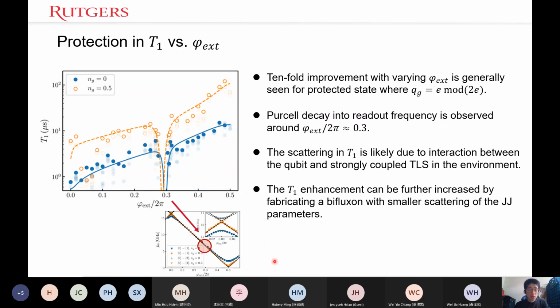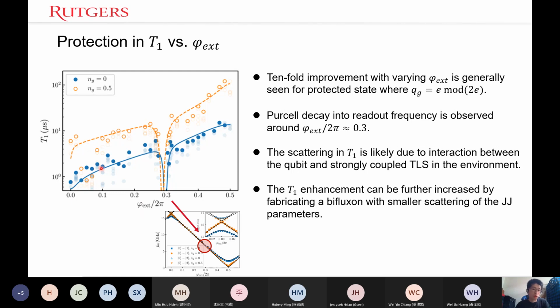So this slide shows the flux sensitivity of the T1, where 0.3 here is basically the Purcell limit of the readout resonator. But other than that, the flux sensitivity shows T1 ranging from around 1 microsecond to around 10 microseconds when there's no protection.